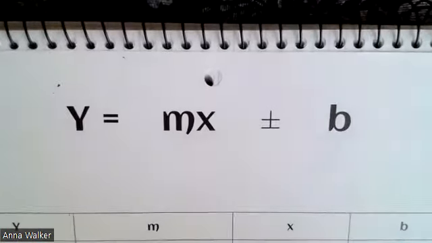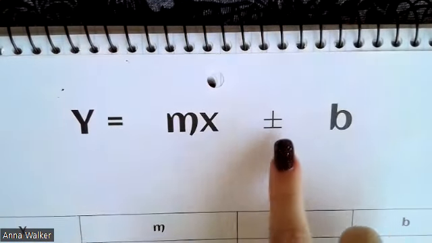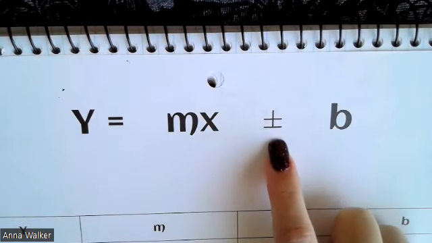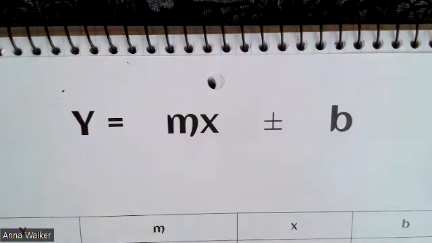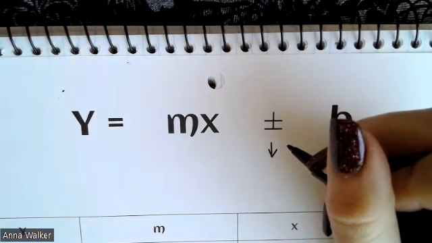So the first thing we're going to do is let's talk about what this symbol means. So this is a positive sign and a negative sign, or an addition sign and a subtraction sign, whatever you want to think about, on top of each other. And this means plus or minus.